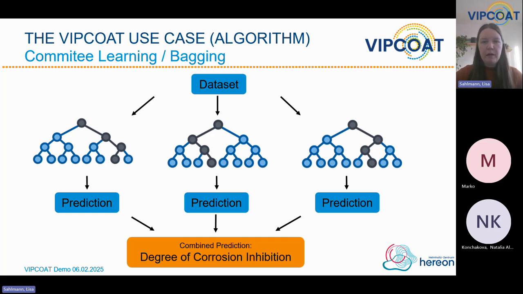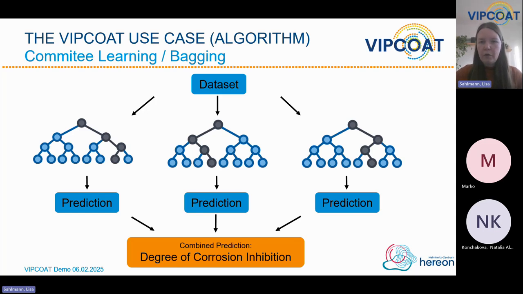And then in the end, every tree is making a prediction, which is combined using the average of the different predictions to give an overall prediction, which is the degree of corrosion in our case. And we are using 2 different metrics. We are using the inhibition efficiency and the inhibition power for prediction.